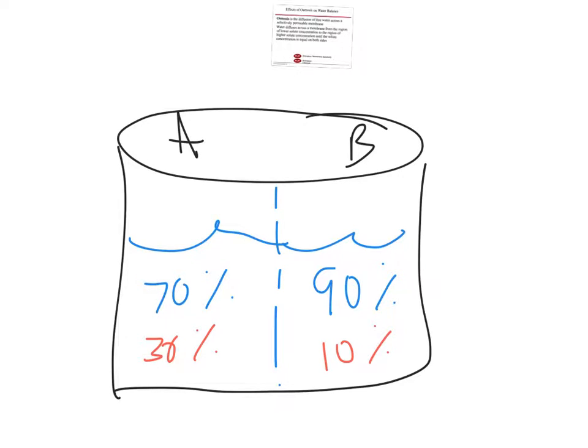Because B has a higher concentration of water than A, right? But water always moves towards the higher concentration of solute. So there's two ways you can look at this.